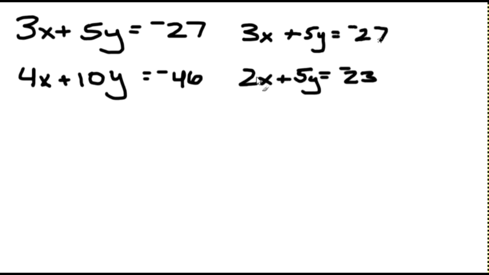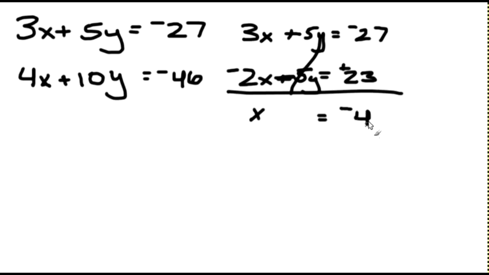So if we just go through this equation and we add a negative sign to all of these, or in this case a positive sign since it was already negative, and then we go through, we have x, the y's cancel out because it's 5y minus 5y, and then we have left negative 27 plus 23, which is negative 4.